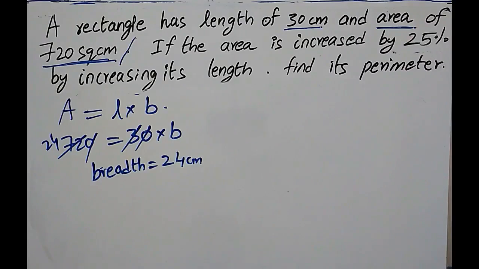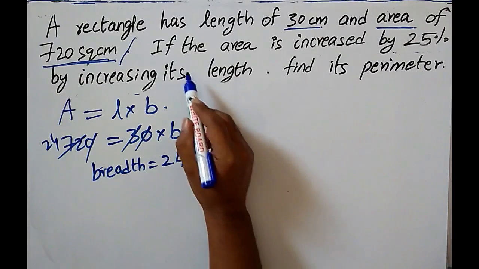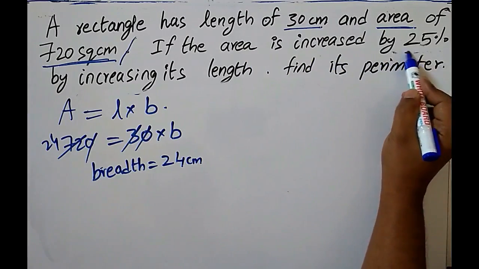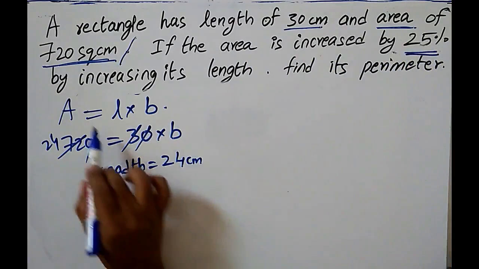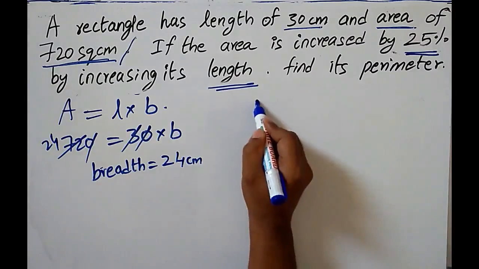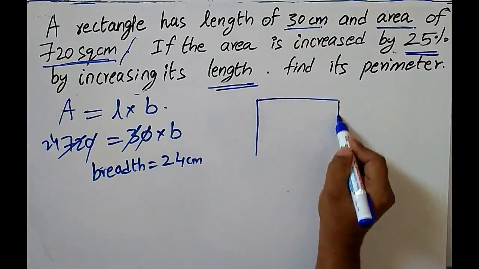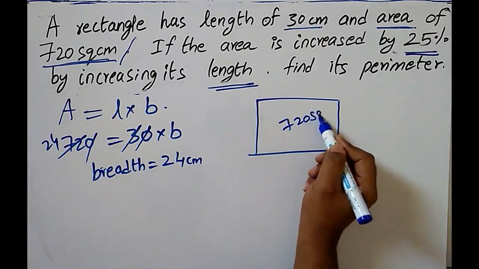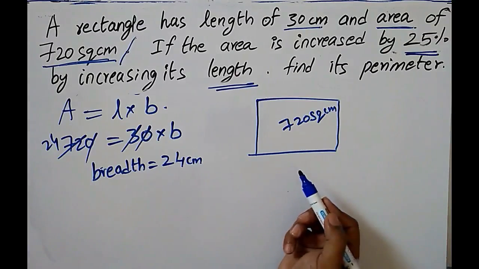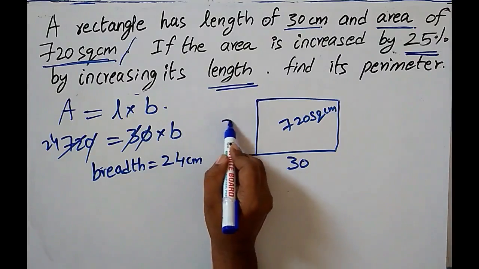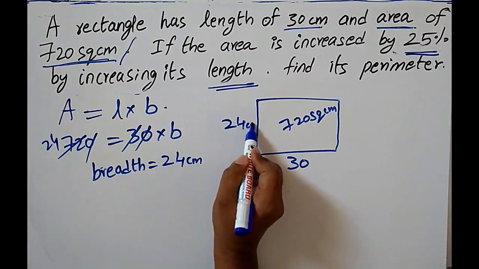The breadth is 24 centimeters. And the next part of the problem is if the area is increased by 25% by increasing its length. See friends, there is a rectangle of 720 square centimeters, and the length is 30 centimeters and breadth is 24 centimeters.